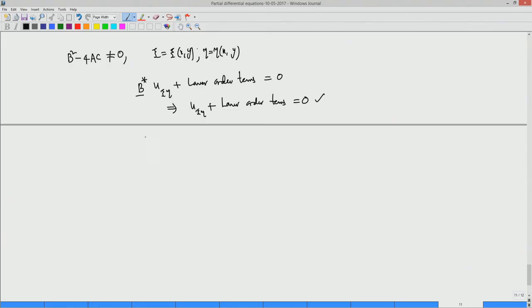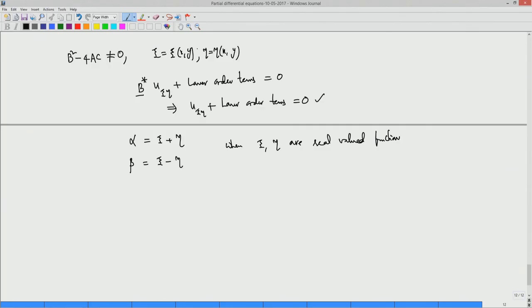Once you get this xi and eta, you start with the new variables, alpha and beta. You call alpha as xi plus eta, where xi and eta are real valued functions, and you call beta xi minus eta. You take the sum and difference when xi and eta are real valued functions.